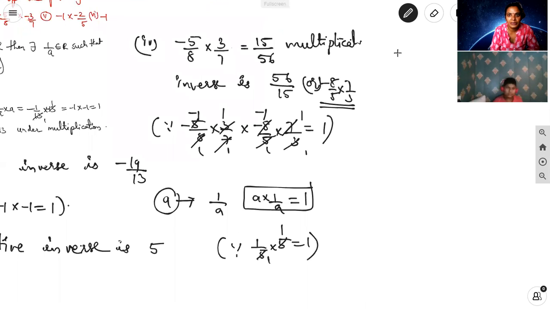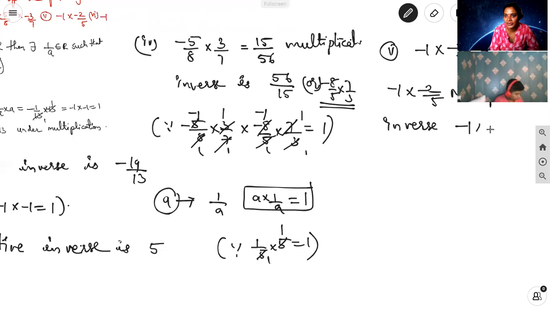Fifth one, minus 1 into minus 2 by 5. Just multiply: minus 1 into minus 2 is 2 by 5. Now the multiplicative inverse of minus 1 into minus 2 by 5: minus 1 inverse is minus 1 only.